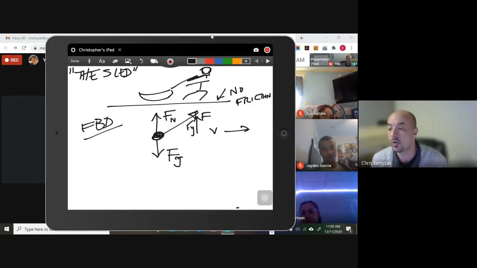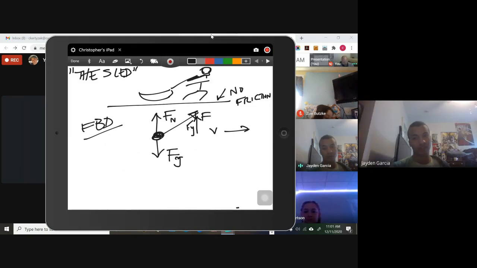And what do the total vertical forces have to add up to? I might have messed up my words there. I meant to say, what is the total of the vertical forces, up or down? What do they all have to add up to, since it's not moving up and it's not moving down? It's moving rightwards.